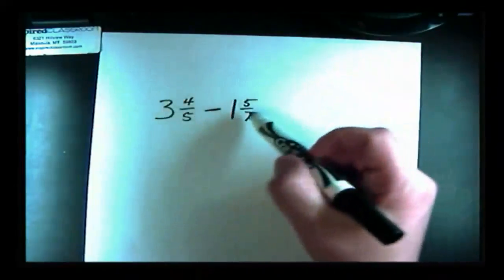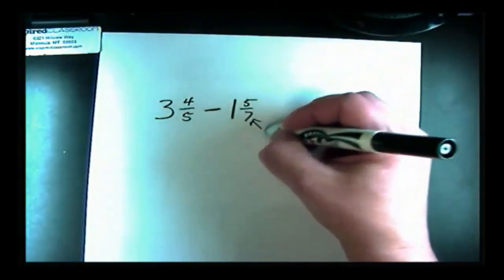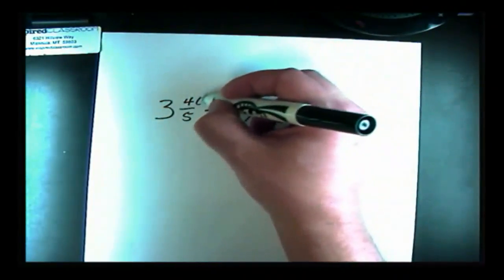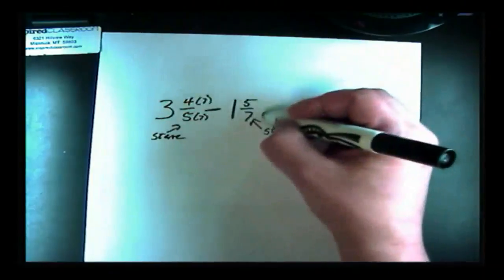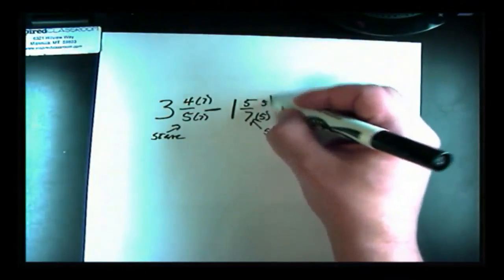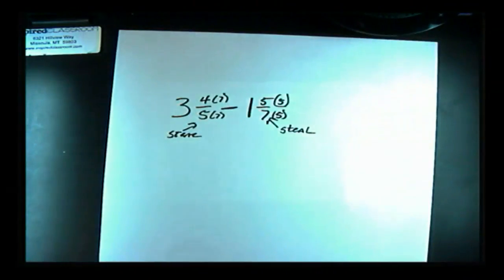And I'm actually going to steal this one and multiply it top and bottom over here. And I'm going to steal that one and multiply it top and bottom on the other side. So this is going to lead to a brand new problem.